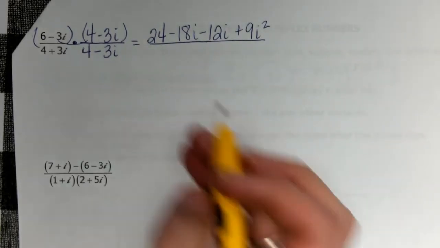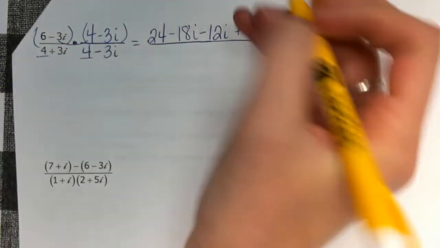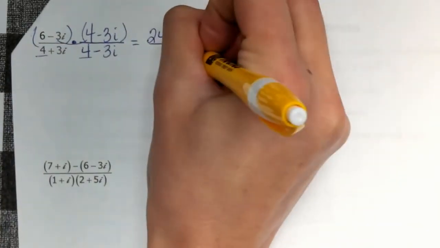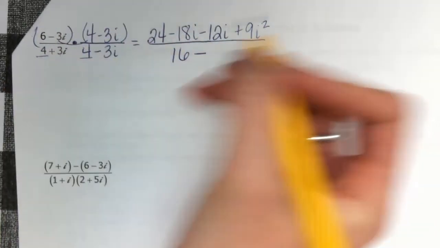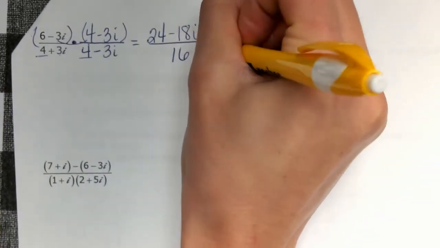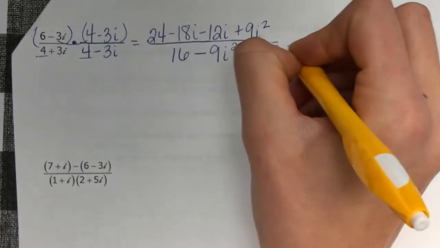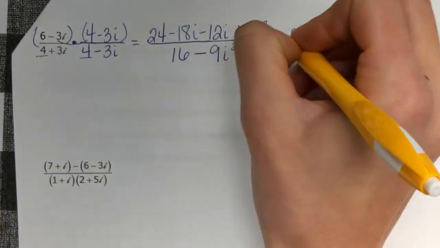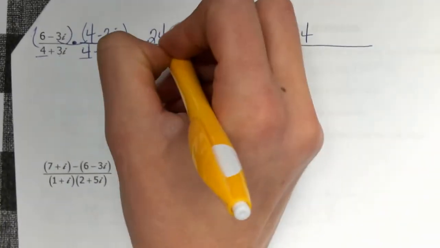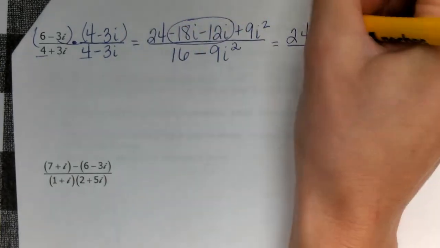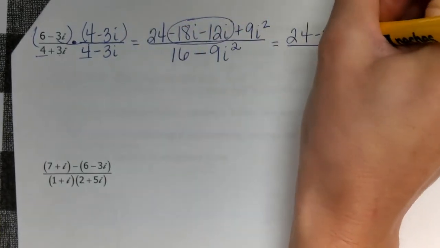Okay, and then my denominator, 4 and 4, is going to give me 16, minus 3i and 3i is going to give me minus 9i squared. Okay, so I've got 24. Negative 18i minus 12i is going to give me negative 30i.